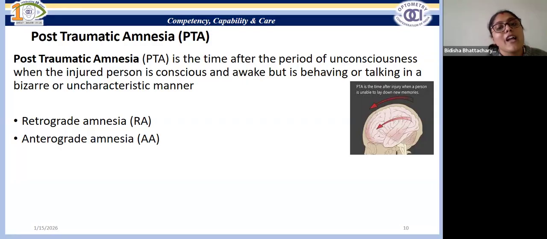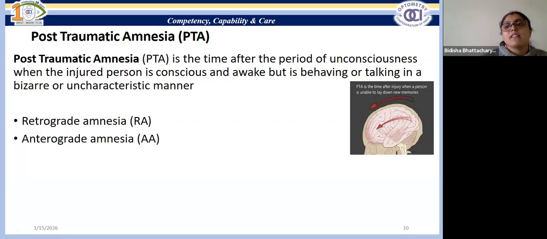What is the other type of amnesia? This is anterograde amnesia. They have an inability to make new memories. This is basically an inability to create new memories after an event that caused amnesia, leading to a partial or complete inability to recall the recent past, while long-term memories from before the event remain intact.